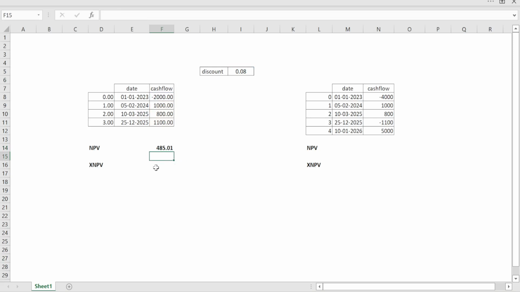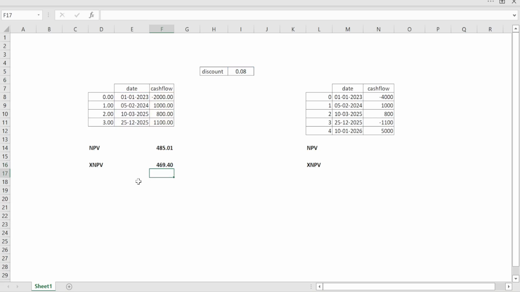So the figures are matching. Now here XNPV: rate, this, next, values. Here we'll give all the values, and then here we'll give all the dates. And let us enter it. 469.40.